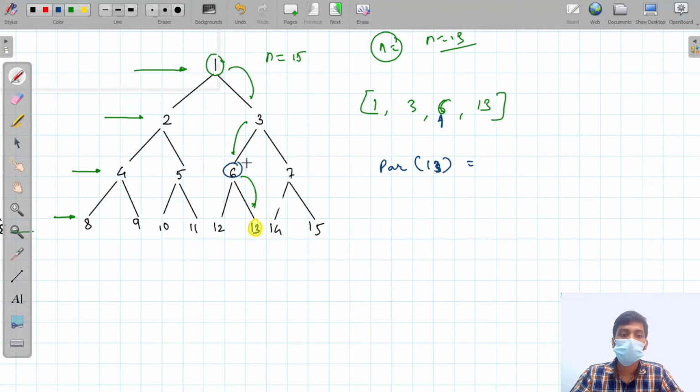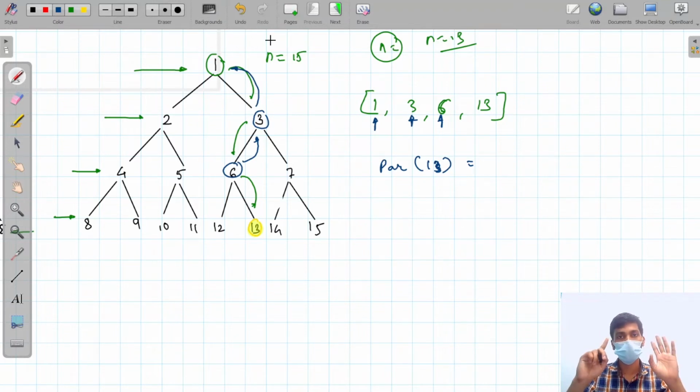Similarly, if I'm standing at 6 and somehow got the value of 6's parent, that is going to be a valid path, that is going to be included in my path, right? And somehow I was able to get the value of the parent of 3, then that is going to be my answer. And the terminating condition is just going to be, if my answer contains 1, that means I have reached 1, then terminate from there, that is going to be my answer, right?